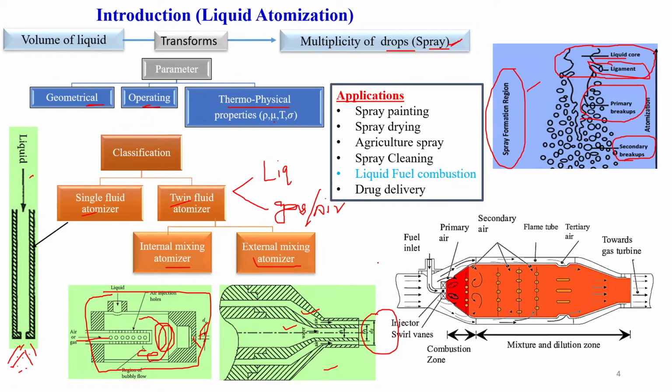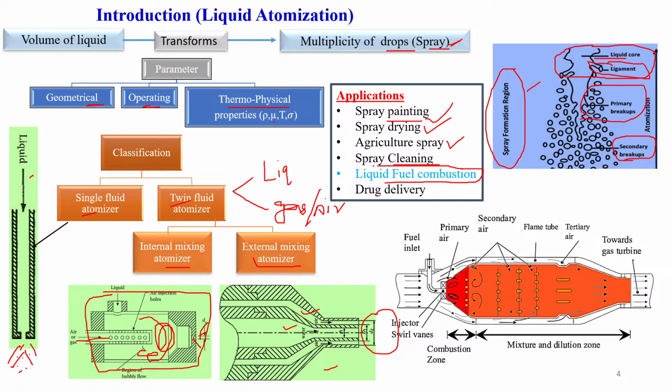Here I have listed the main applications of the atomizer or injector. Spray painting: in most industries this technology is used for spray painting, spray drying, agricultural spray in the agriculture field, spray cleaning, and liquid fuel combustion.